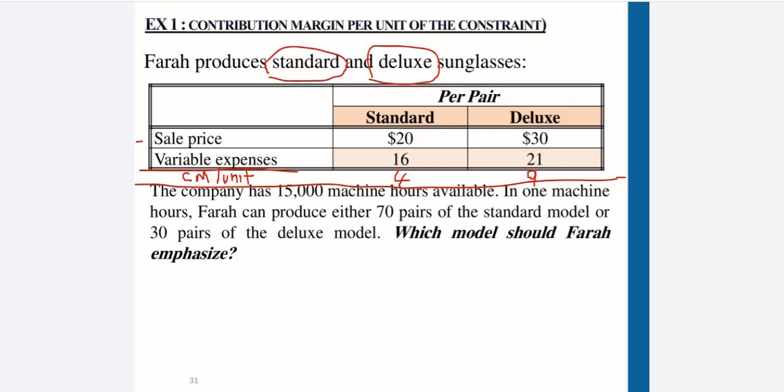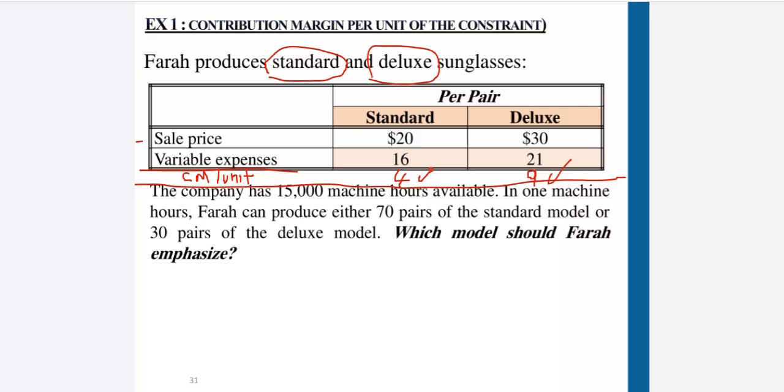According to the contribution margin per unit, of course, logically the deluxe. Why? Because each deluxe pair earns me 9, but each standard pair earns only $4. This is good if you weren't given more information. If this is the only information you have, then it's a 100% correct decision.